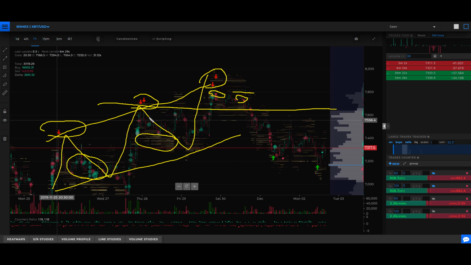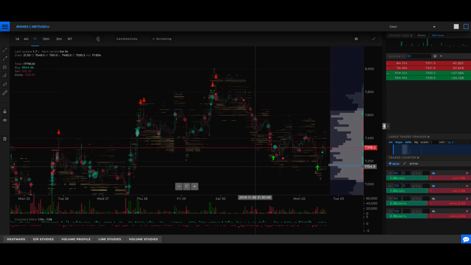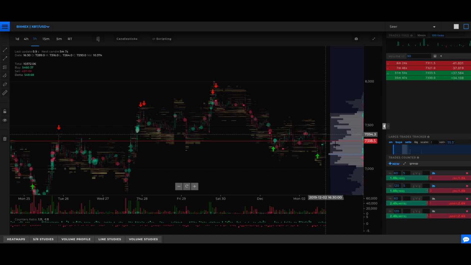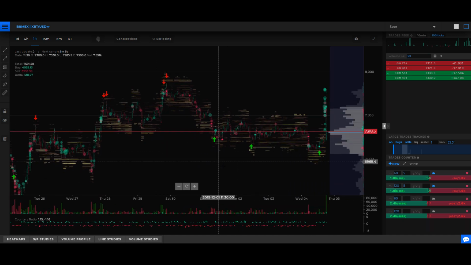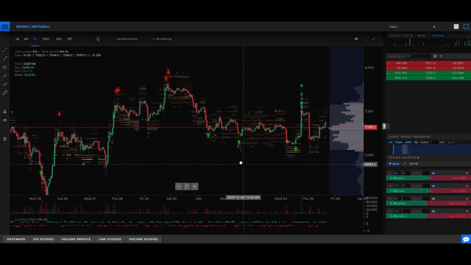So price was stretched, you had delta divergence, you had volume imbalance, and you were at the top of the range ready to break back below. So all of this adds to your confluence and makes you really confident about how you want to deal with the trade.